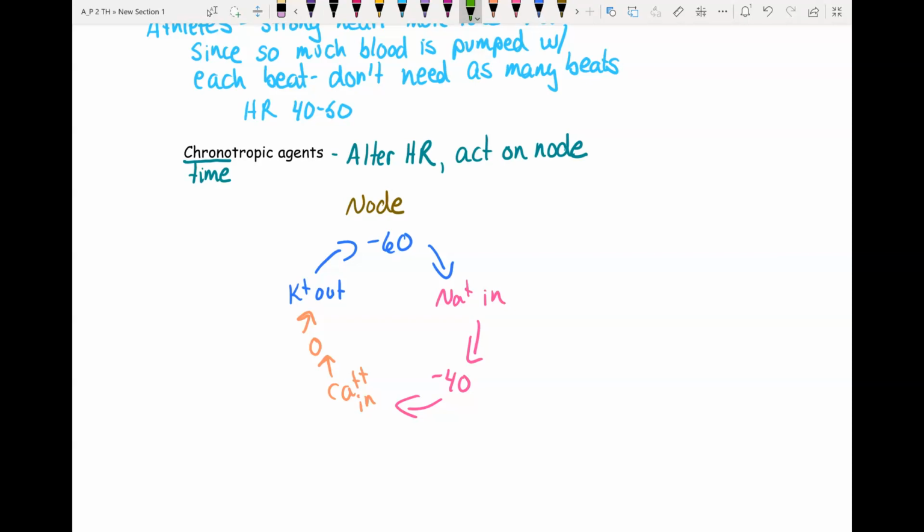We know that parasympathetic is going to have acetylcholine from the vagus nerve, and that will open potassium gates. So when you have parasympathetic, you have extra potassium out, which gives you even more negative.